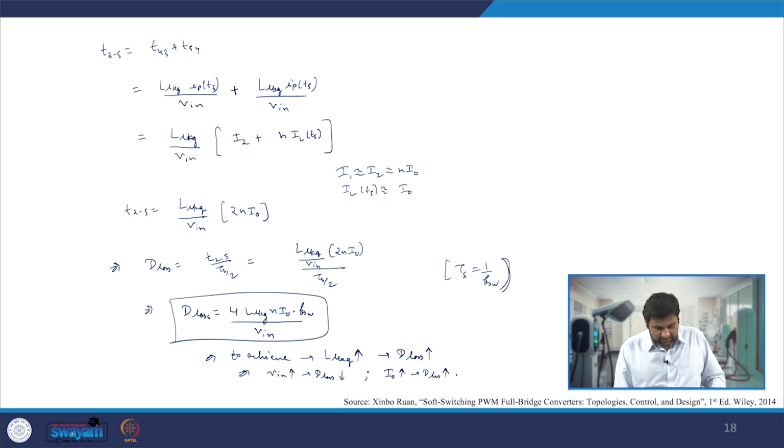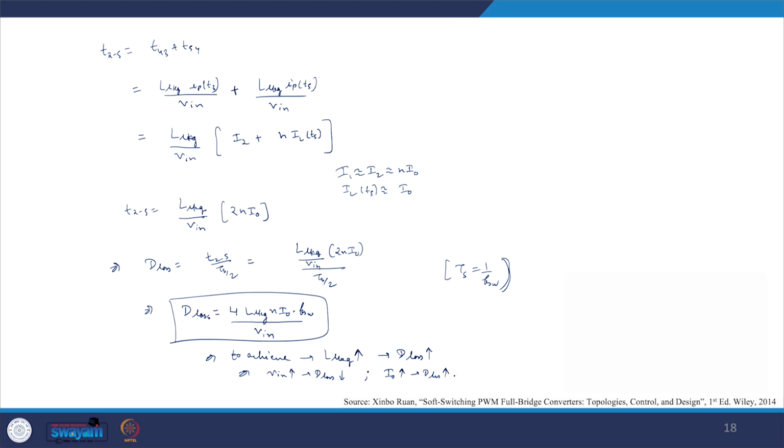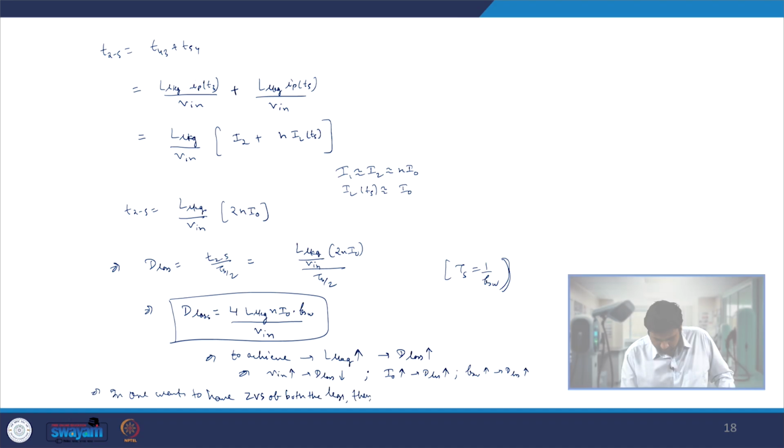We will also see that if my switching frequency is more, my D loss will also be more. We can say from this particular expression that if one wants to have ZVS of both the legs, they have to compromise on D loss.